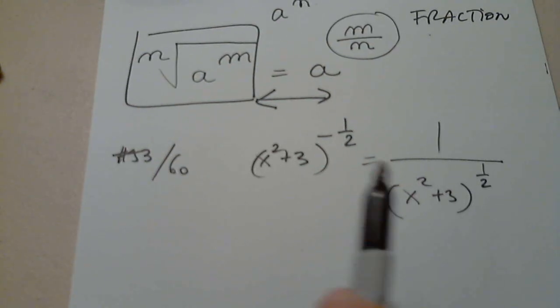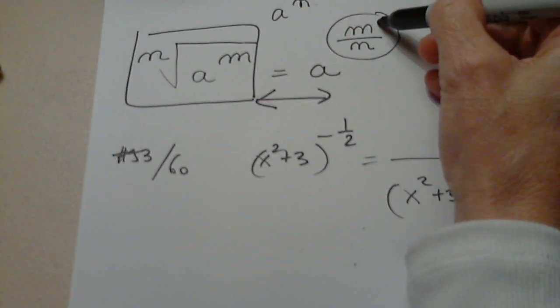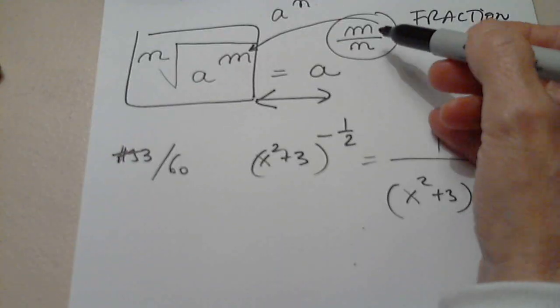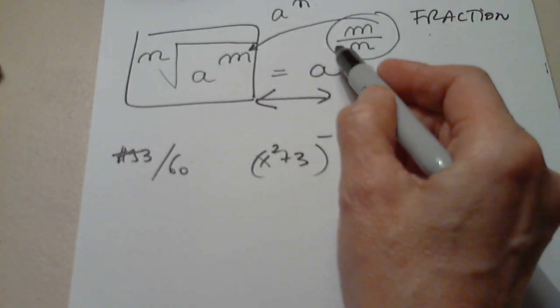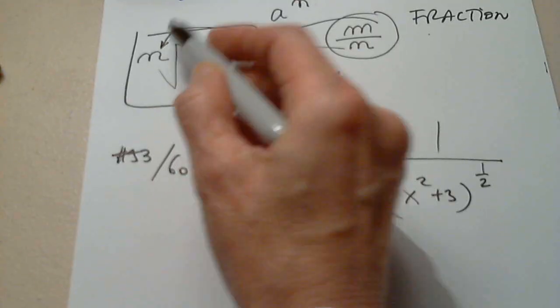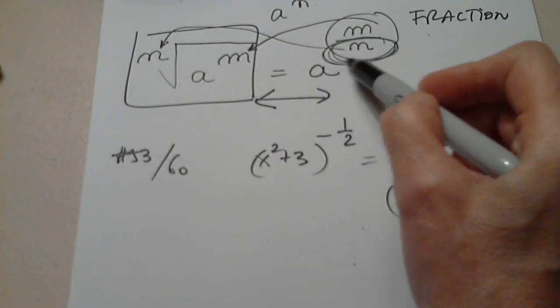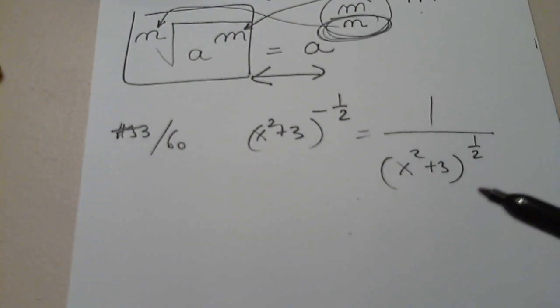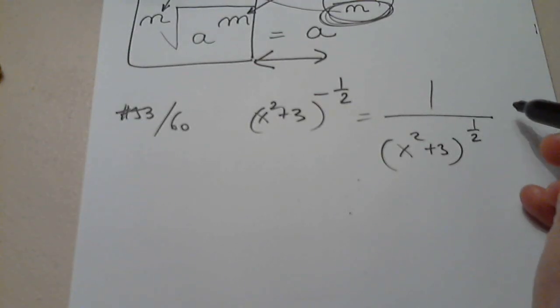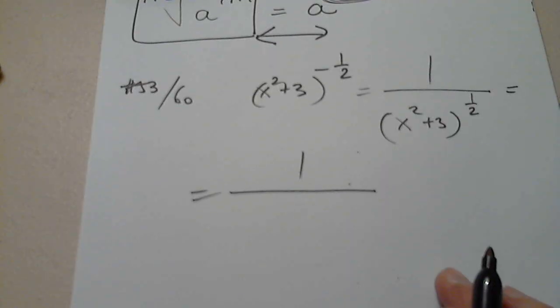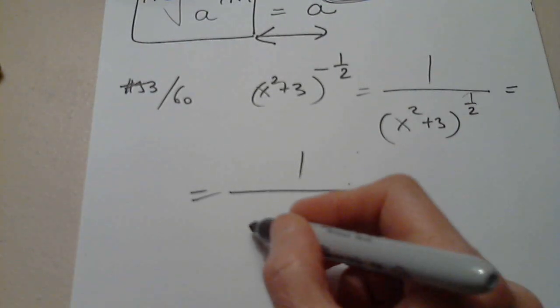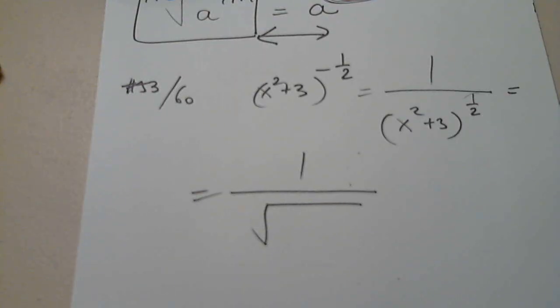And now I see a fraction. See, the numerator is the power of the expression inside, and the denominator is the index. The denominator is always the index. Since here it is 2, what index will this radical have? Because it has a fraction as an exponent, it's a radical for sure.